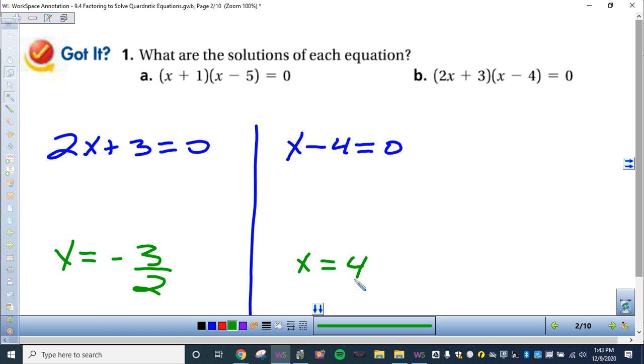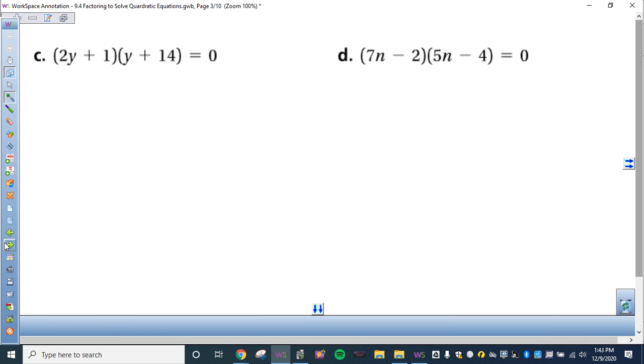So just double check, make sure you can get the correct answer there. Should be pretty straightforward. Looks like people are done for the most part.